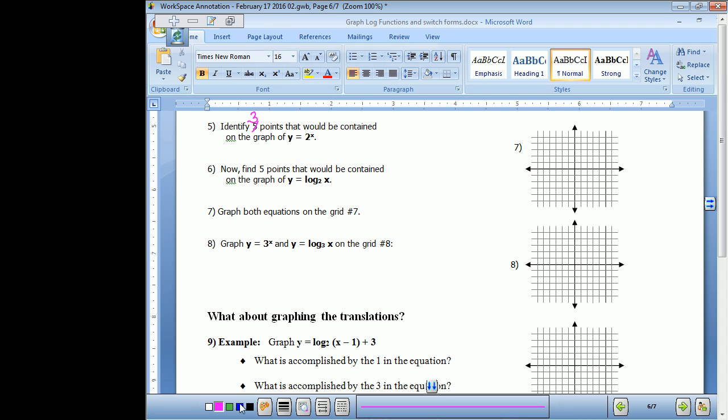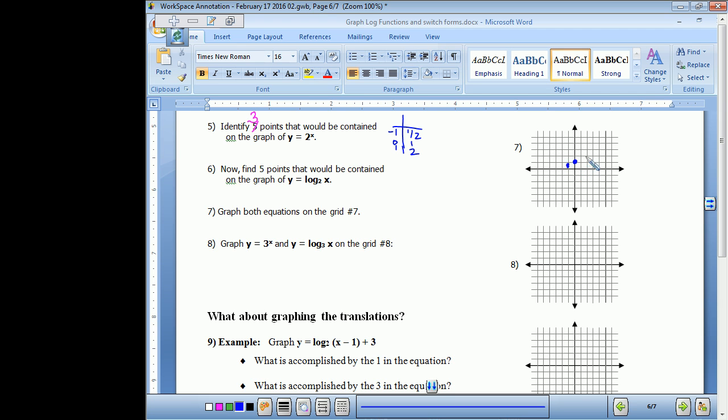Well, when we graphed exponentials, we did 3 points: -1, 0, and 1. And we always tested those on the parent graph after it had been transformed. Well, this is just the parent graph. So 2 to the negative first is 1/2, 2 to the 0 is 1, and 2 to the first is 2. So if we go back and graph this exponential function, we're quite familiar with it.